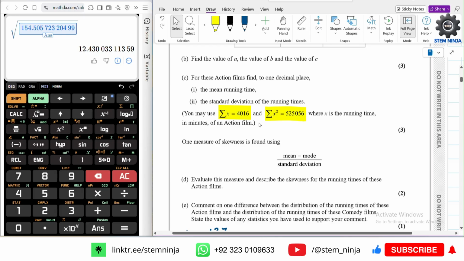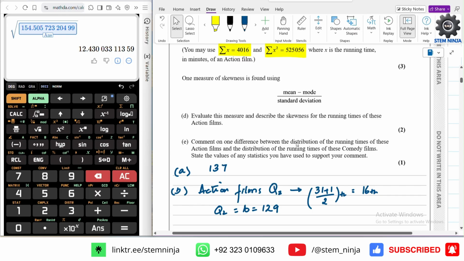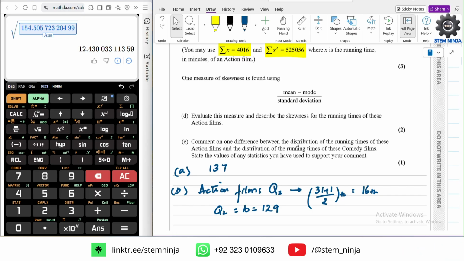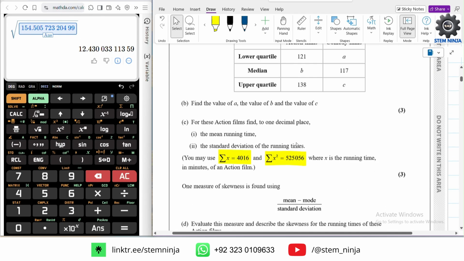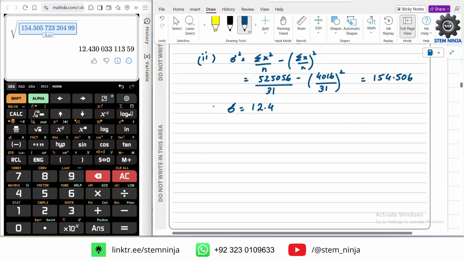One measure of skewness is found using mean minus mode over standard deviation. Evaluate this measure and describe the skewness for the running times of these action films. For part D, skewness: mean minus mode.